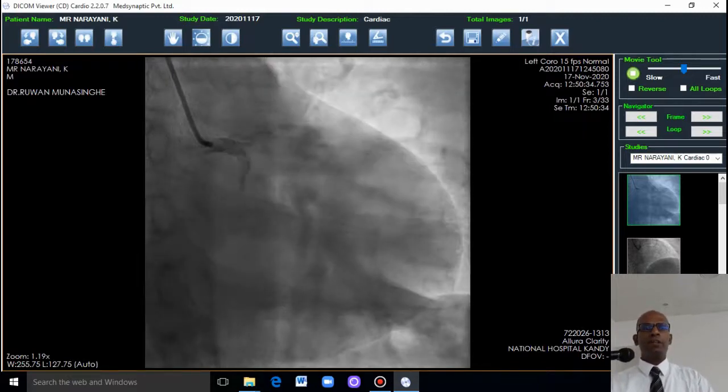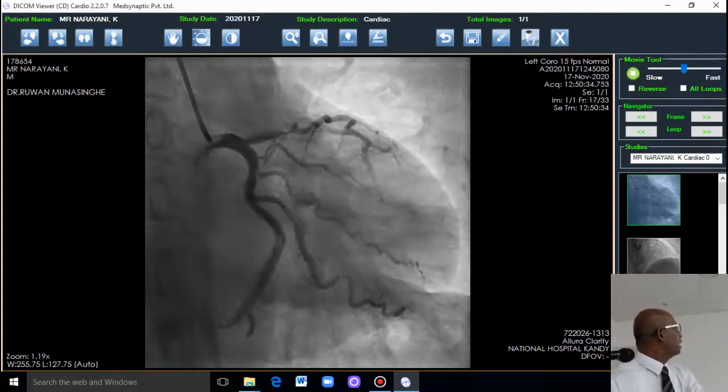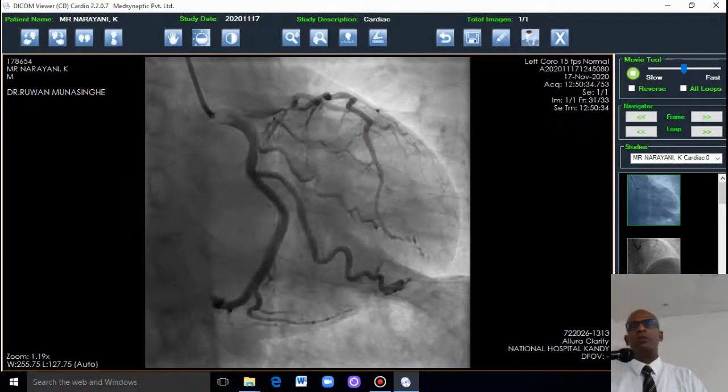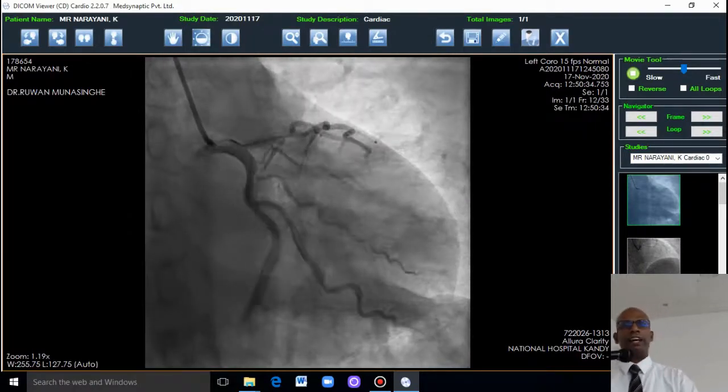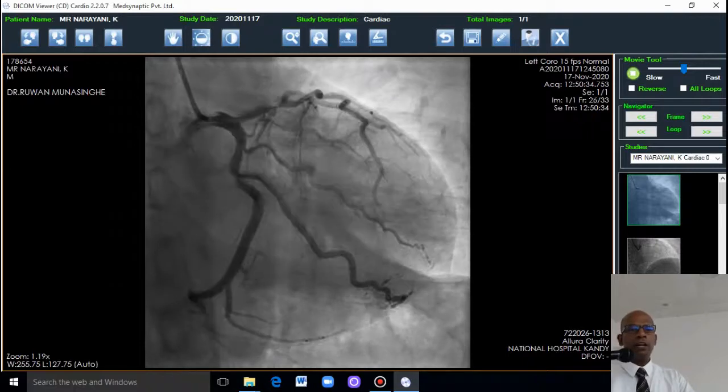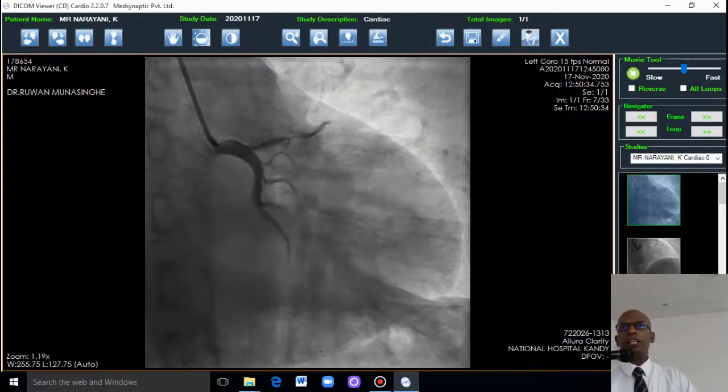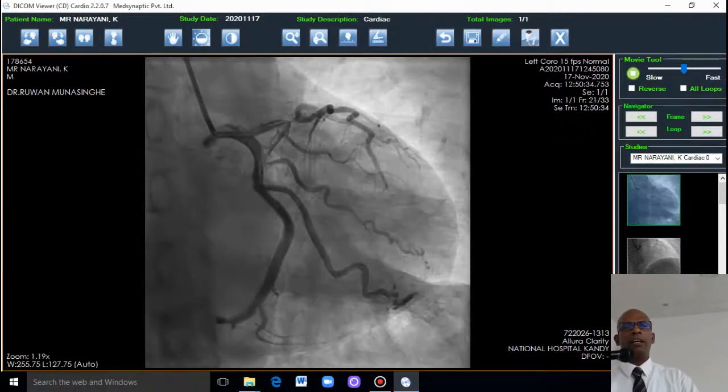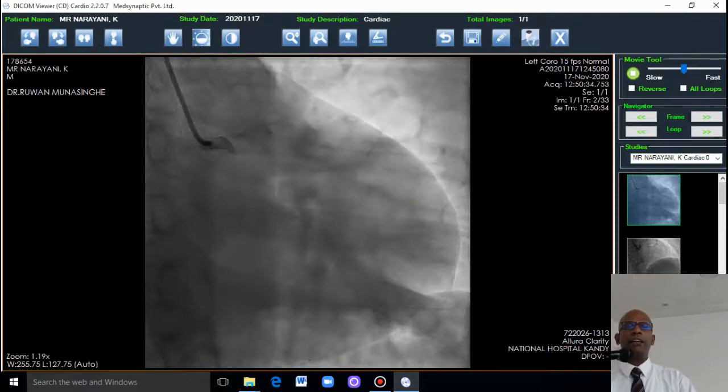So this is the angiogram. There are two main vessels here on the left side. This vessel is the circumflex artery, and this one is the left anterior descending artery.